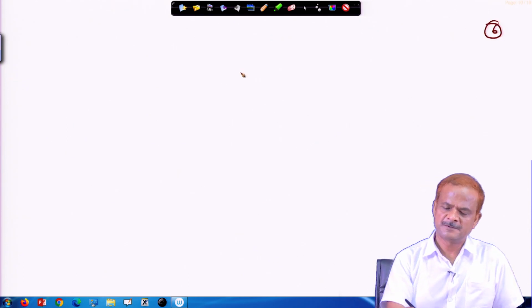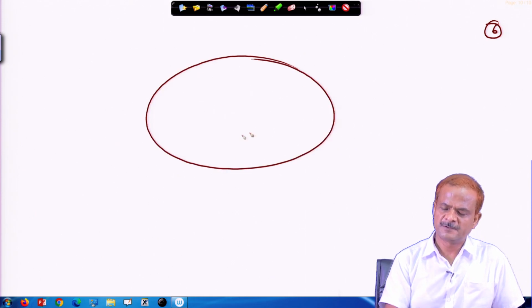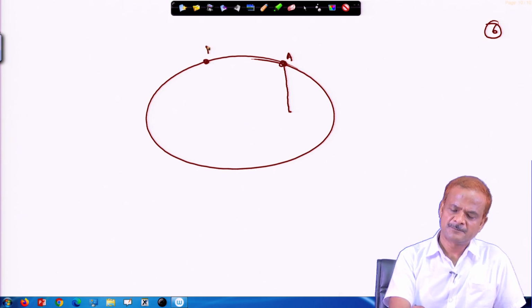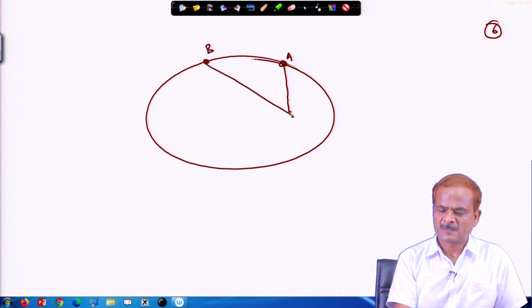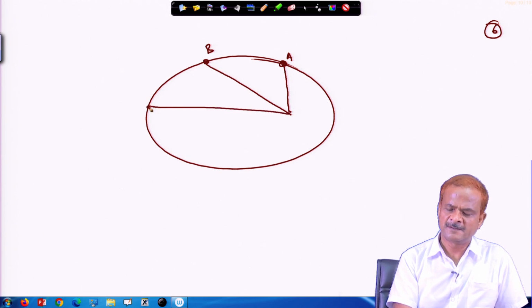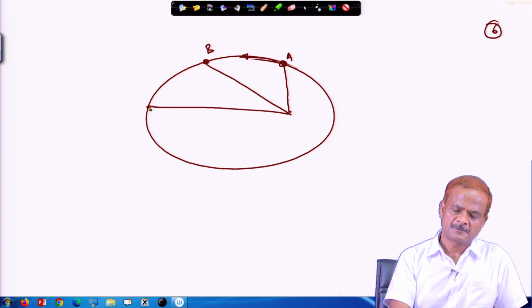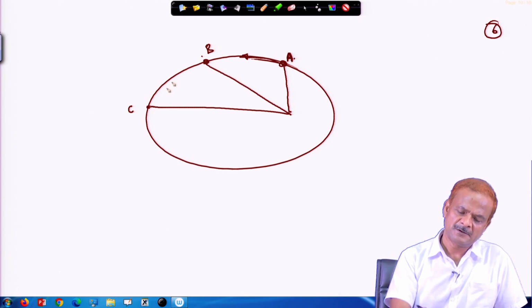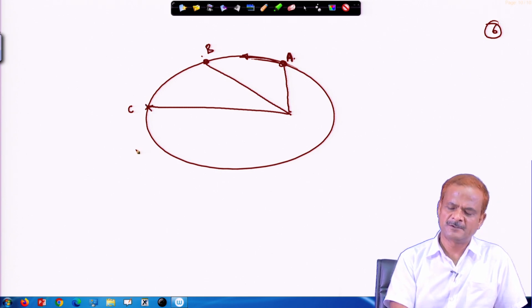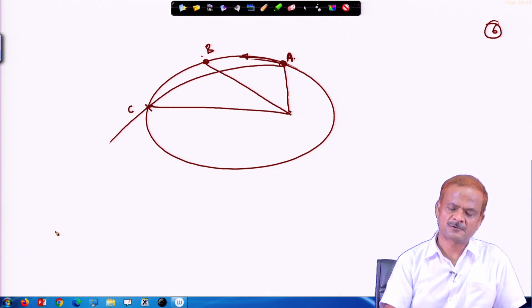Say here in this case, as we were discussing earlier, if one satellite is at A, another satellite is at B, and you have to catch satellite B, meaning you have to dock satellite A with B, and that is to be done at point C. In that case you have to send it in a faster orbit.